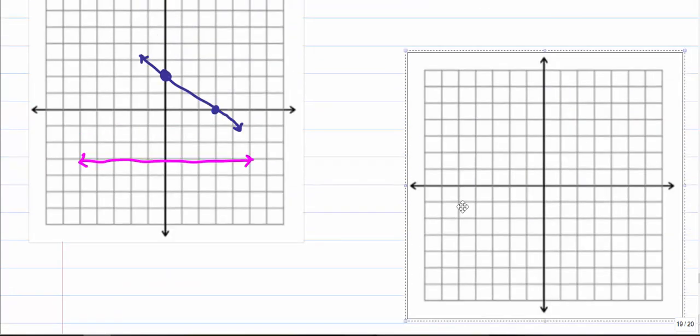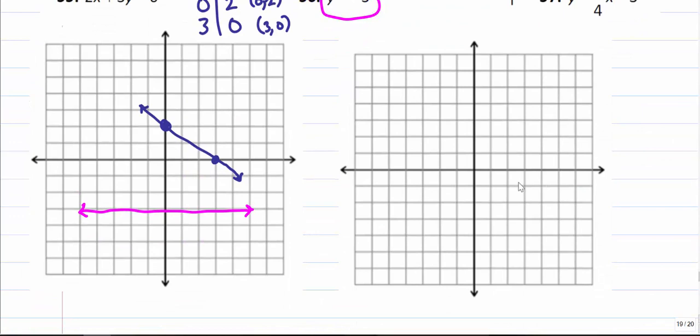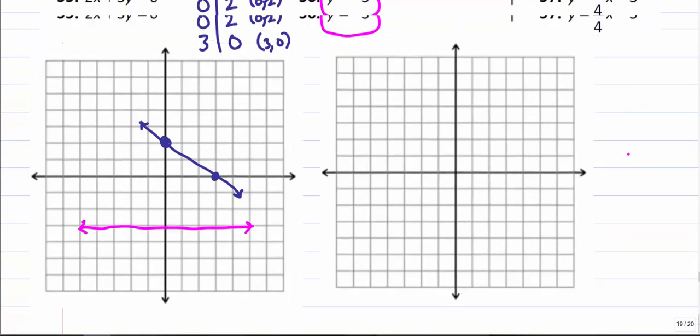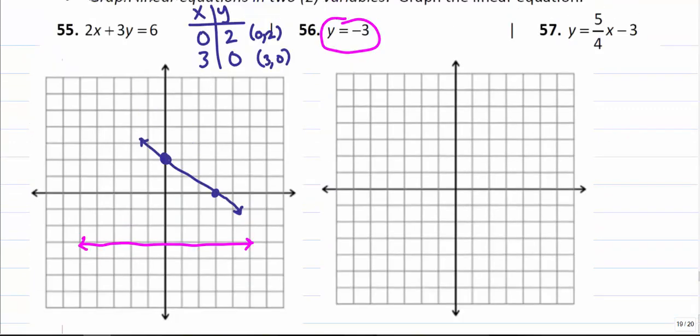Now, if you actually use the slope-intercept form like it is on this last one here, when you have y equals mx plus b, you actually start with b. So the first thing I'm going to notice here is b is negative 3.